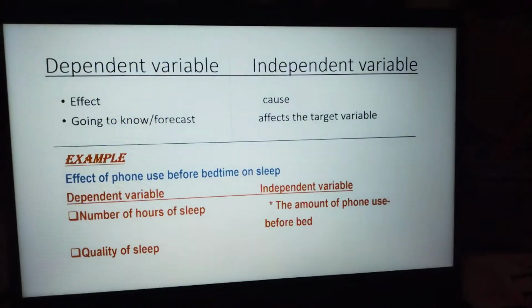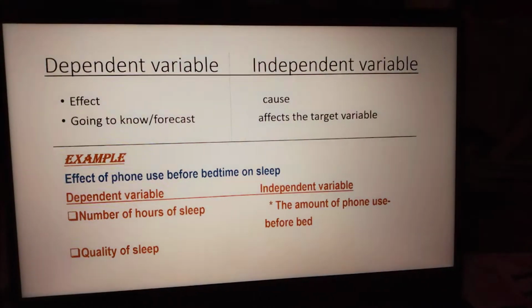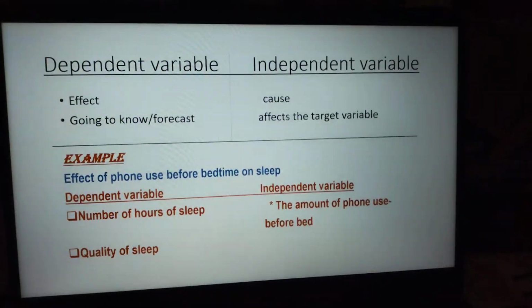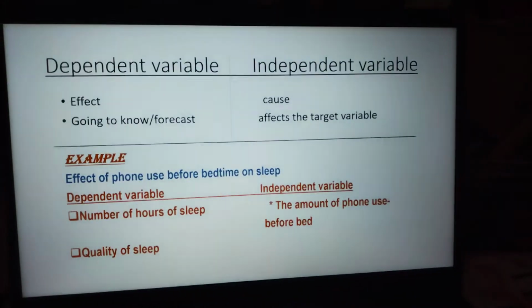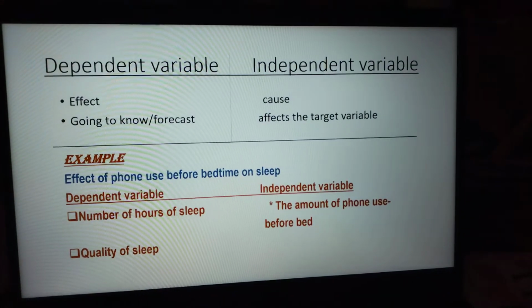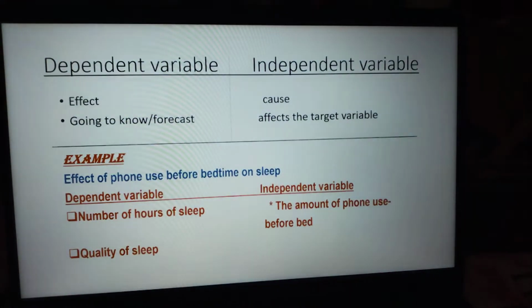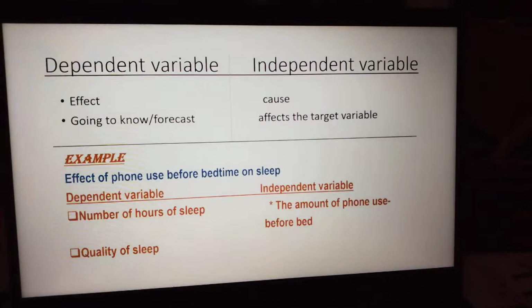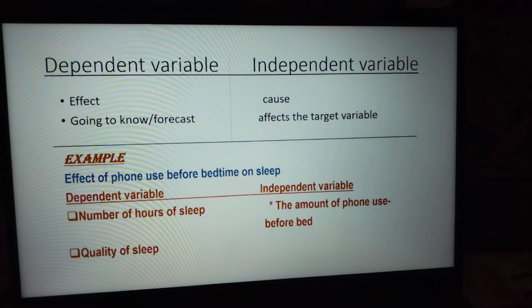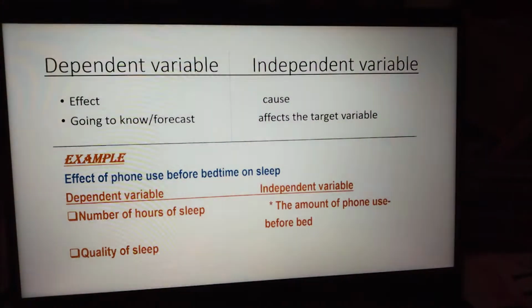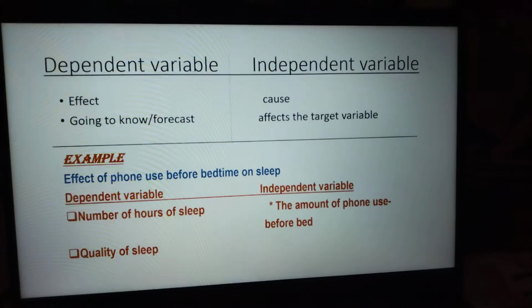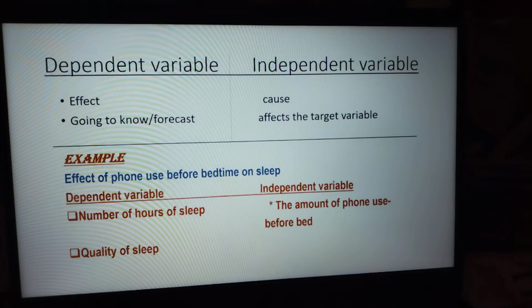So there is a research problem. That problem says: what will be the effect on sleep if we are using extreme phone use before bedtime. So effect of phone use before bedtime on sleep means, if before sleep we are using phone, what will be the effect of that phone use on the quality of sleep.